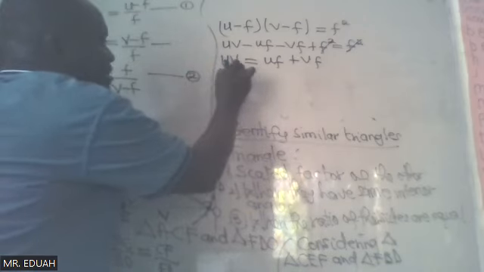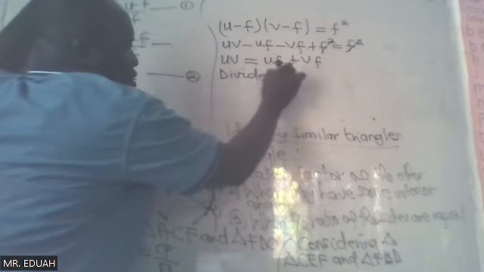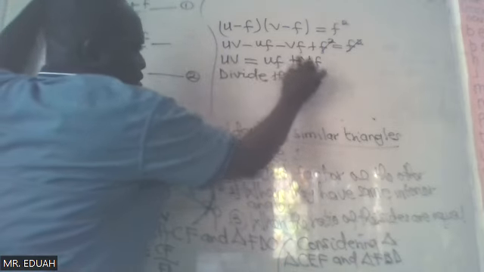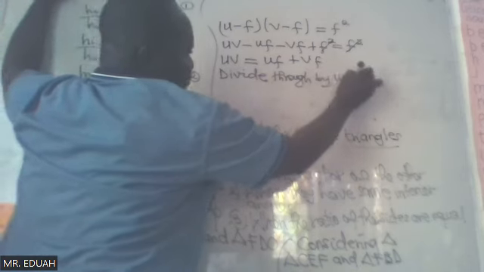Now the last stage is that I want us to divide through by UVF. When you divide each of the sides of the equation by UVF, it is as if you haven't done anything to the equation.